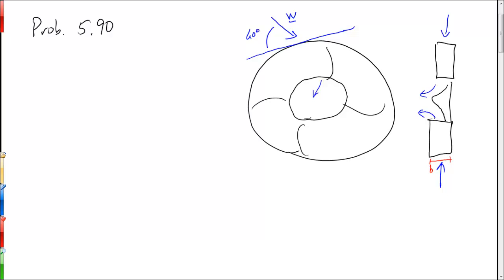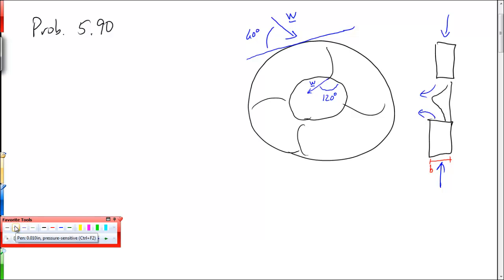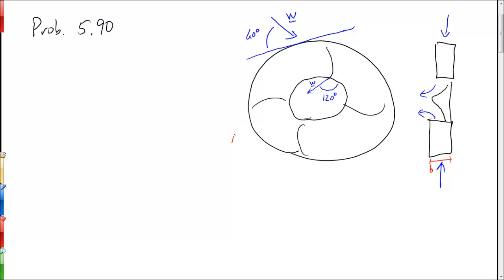We're told that it leaves with an angle of 120 degrees. That's W, the relative fluid vector. We're told that the vector in the absolute frame, V, comes in with an angle of 20 degrees.